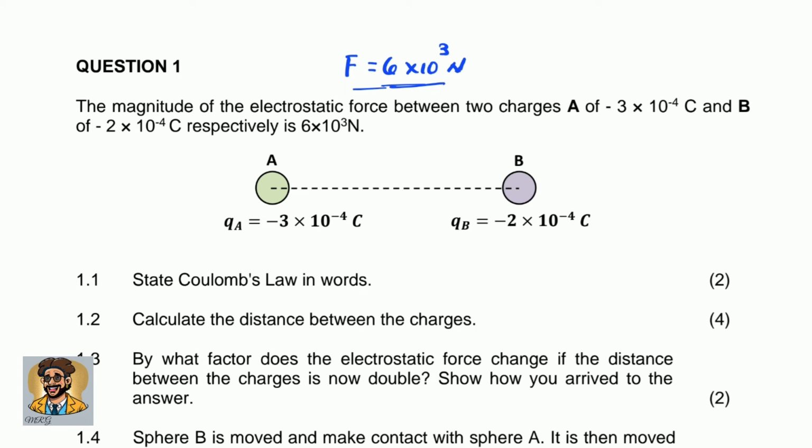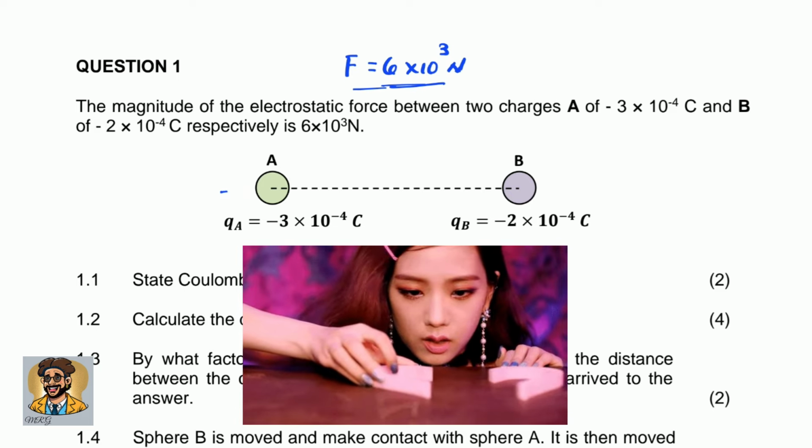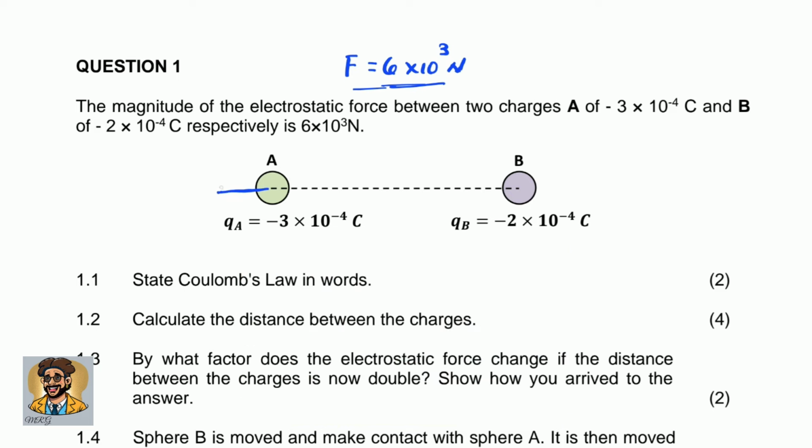Note the following. These charges are like charges. QA is negative as well as QB. Therefore, they are going to repel each other. So the force from B on A will be pointing towards the left. This one is the force from B on A, and guys, this is like action-reaction, Newton's third law.